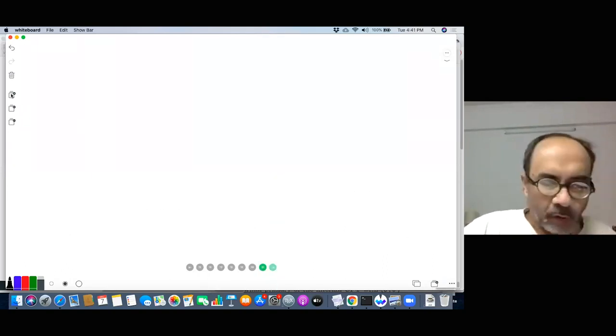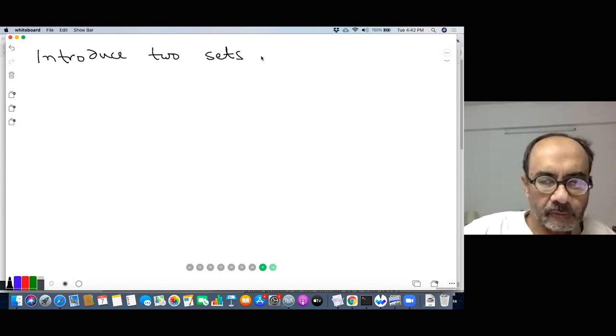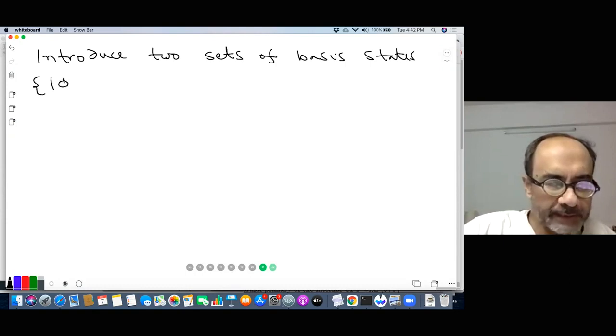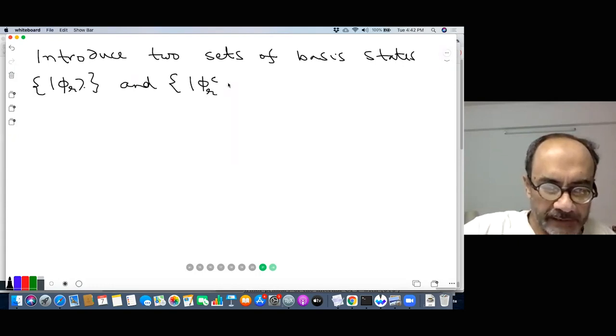Okay, now one more set of notations. So we are going to introduce a set of basis states. In fact, not one set of basis states, but two sets of basis states. One set I'll call phi r, and the other set I'll call phi rc, in the CFT.